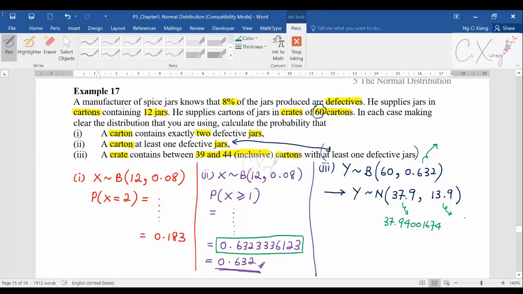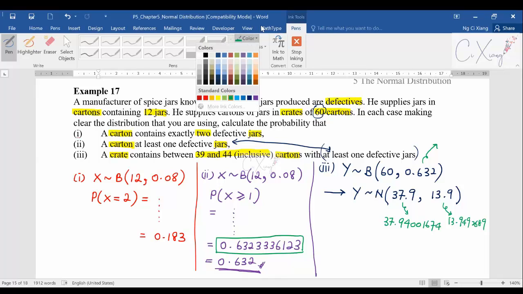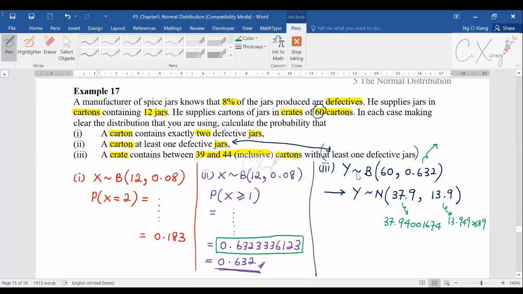It should be 13.949 something, 9492689. So again, if in your calculation you're lazy to do so, then you can use 13.9493 or 13.94927. Okay, so all these are the answers that I cut short to 3 significant figures. But in the calculation part, you should include it as long as possible if you want to get a more accurate answer.